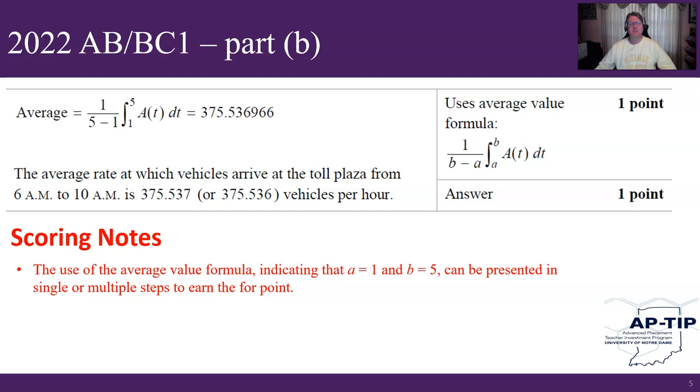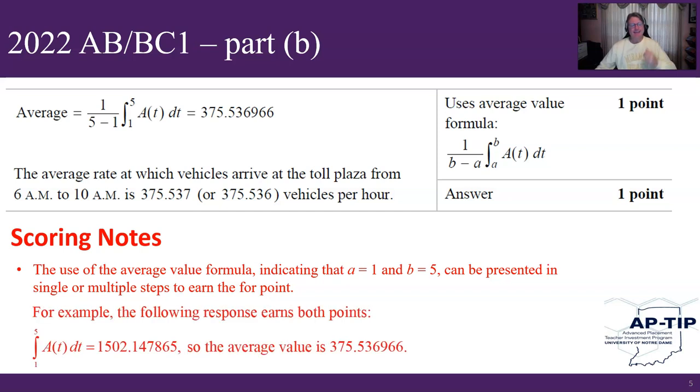So what do I mean by that? Well, let's say that we have a response that integrates the A of t from 1 to 5, okay? And that value turns out to be a little bit more than 1,502 vehicles. Well, the student then would go on to alter that answer to our correct response.